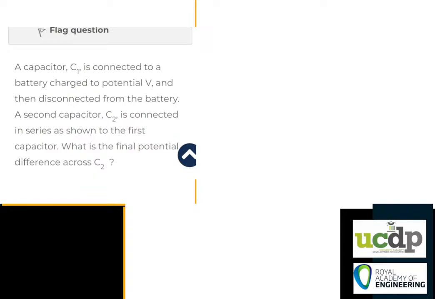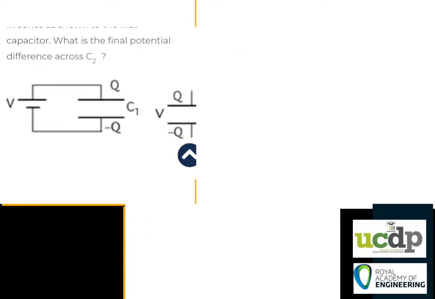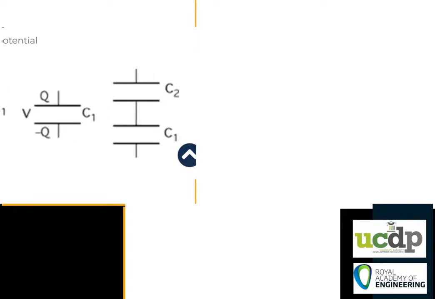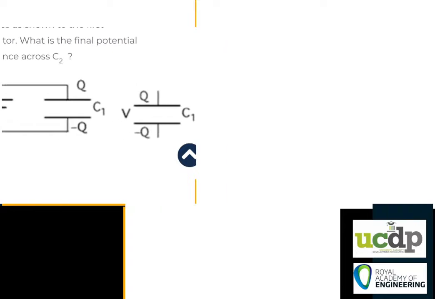What is the final potential difference across C2? So we have three diagrams. So the initial state, the capacitor C1 connected to a battery, it gains a charge Q. Then after that, it is disconnected from the battery. The capacitor remains with this charge Q, and then it is connected to a second capacitor C2. The question is, what is the final potential difference across C2 after connecting like this?